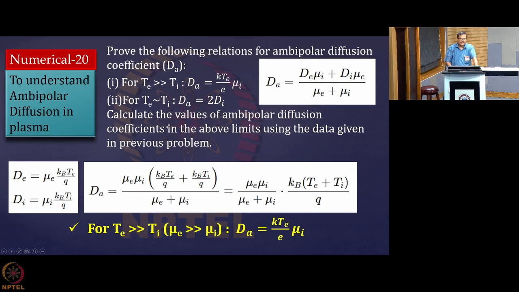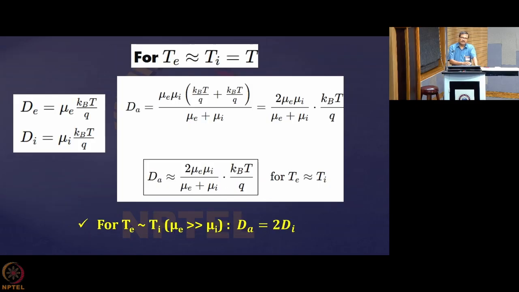And when they are comparable, Te equal to Ti, but mu_e is much greater than mu_i, which is always true. So then Te of the order of Ti, equal to T, you finally get this relationship: twice mu_e mu_i by (mu_e plus mu_i) times kT by Q. Now when mu_e is much greater than mu_i, you get the same thing again.